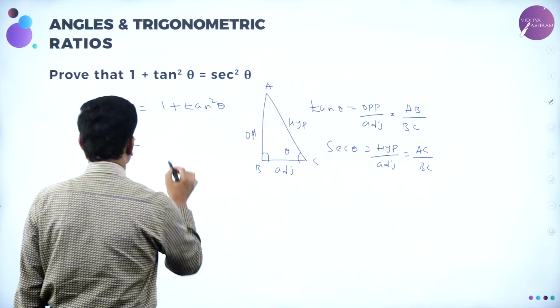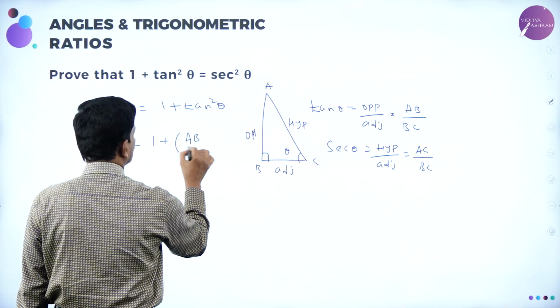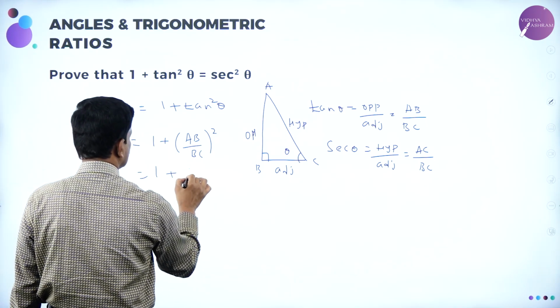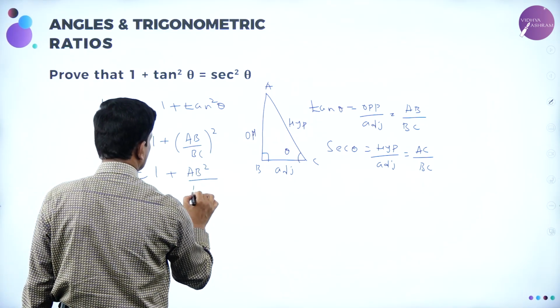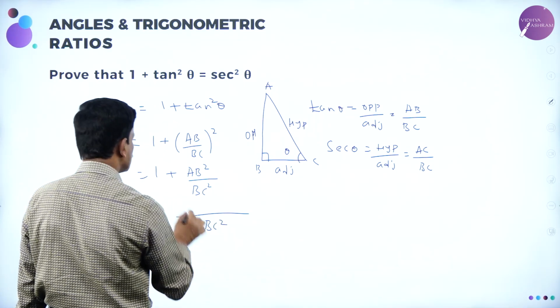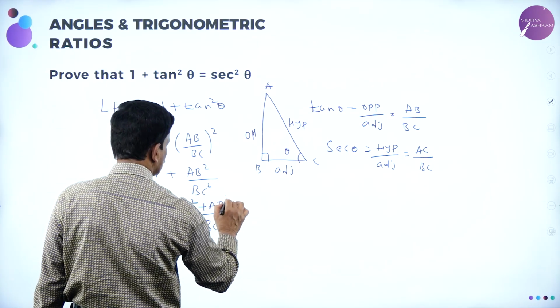Now, substitute here. What is tan theta? Tan theta is equal to AB by BC whole square. 1 plus this is AB square divided by BC square. Take LCM. BC square is LCM, cross multiplied. 1 into BC square is BC square plus AB square.